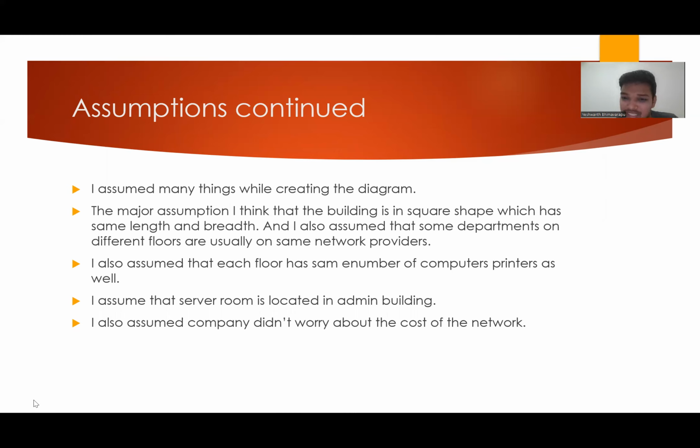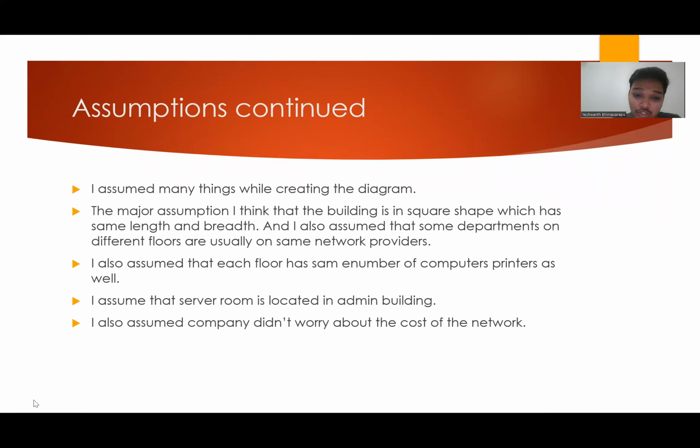And I assume that some departments on different floors are usually on network providers. I also assume that each floor has the same number of computers and printers as well. And I also assume that the server room is located in the admin building.